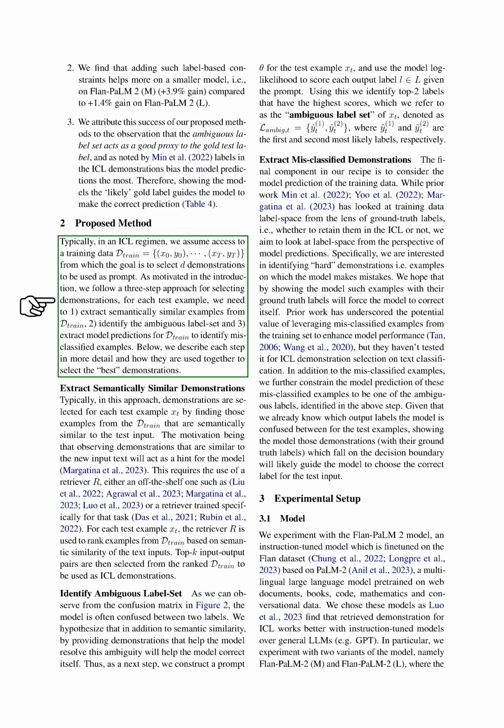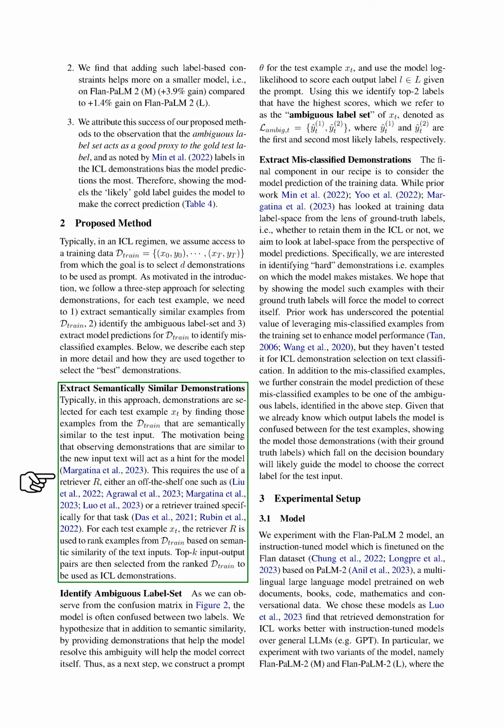Our method for selecting demonstrations involves 3 steps. First, we find examples from D_train that are semantically similar to each test example. Second, we identify what we call the ambiguous label set. Finally, we look at the model's predictions for D_train to find examples where it made mistakes. Let's go into more detail on each step.